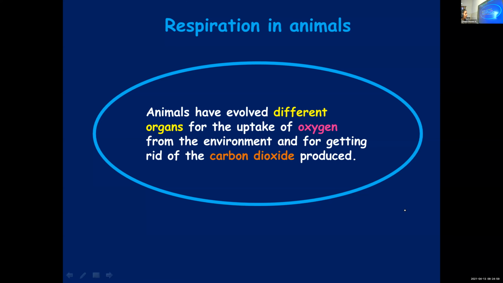Animals have different organs for the uptake of oxygen. They have different organs for taking in oxygen from the environment and for giving out carbon dioxide. In class 7, you have learned different organisms have different organs for respiration.